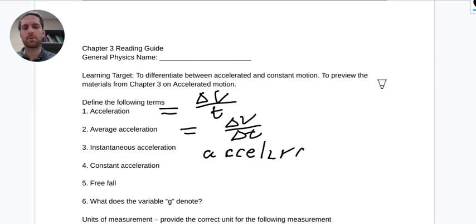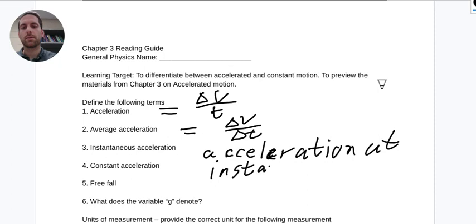Acceleration at an instant in time. Constant acceleration is when it's constantly accelerating.